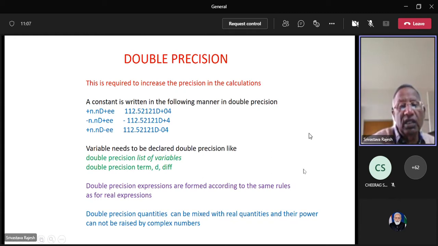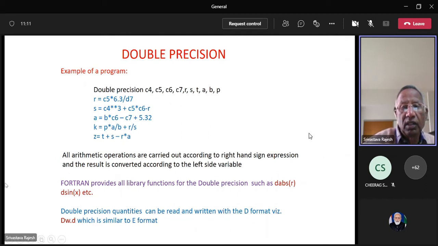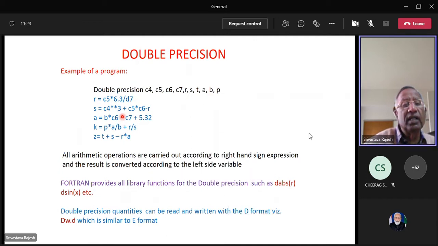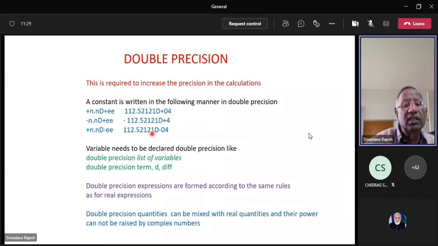You cannot write the quantity simply saying that it is 112.521.